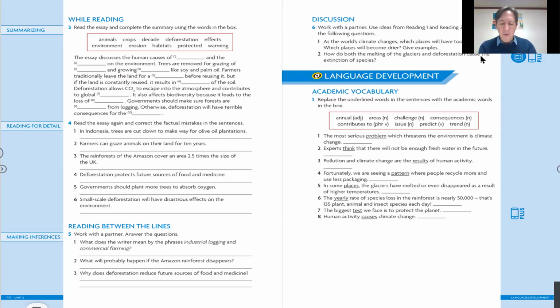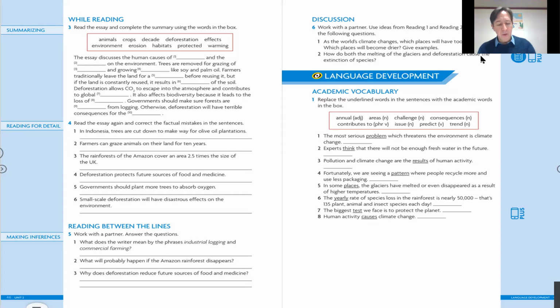Trees are removed for grazing of animals and growing crops like soy and palm oil. Farmers traditionally leave the land for a decade before reusing it. But if the land is constantly reused, it results in erosion of the soil.